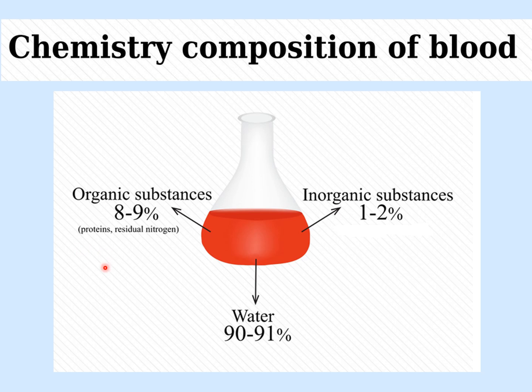The second group is non-protein organic compounds. Non-protein organic compounds can be divided into two subgroups too: nitrogen-containing compounds and compounds that don't have nitrogen, non-nitrogen containing compounds. And water, from 90 to 91%. This quantity of water is present in our blood.